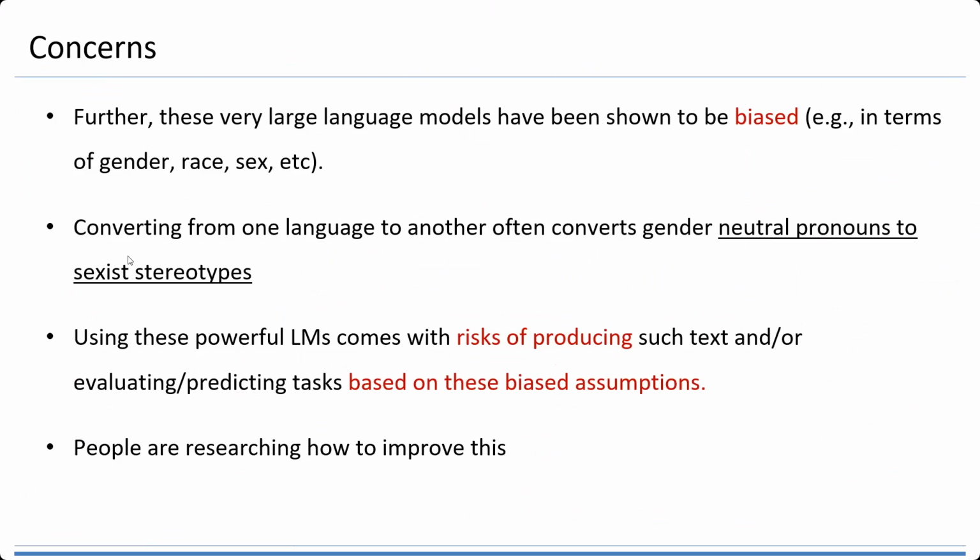And the other concern is that very large language models have been shown to be biased. What is bias? It is the difference between male and female gender. So if it is male, maybe it's a better word; for female, maybe it's not a better word, and so on.